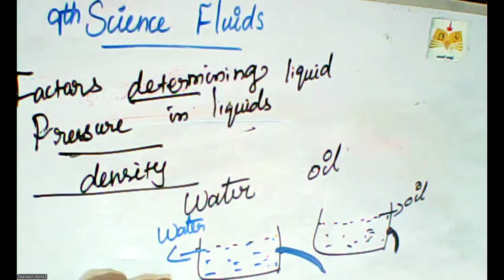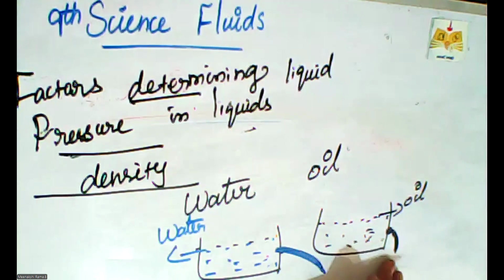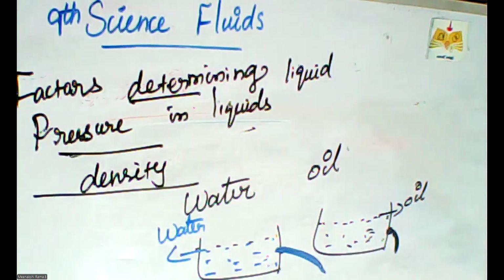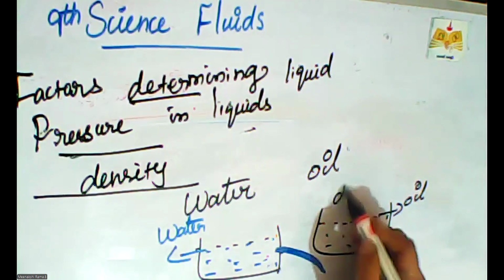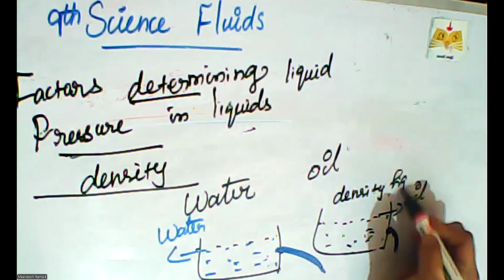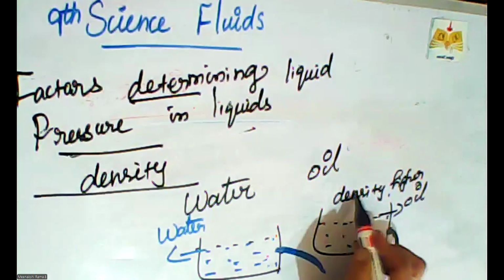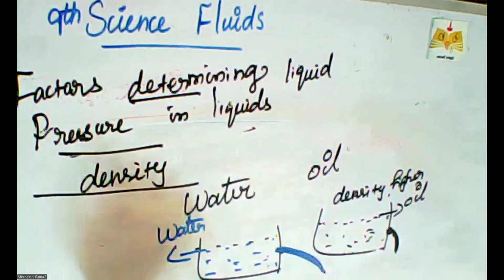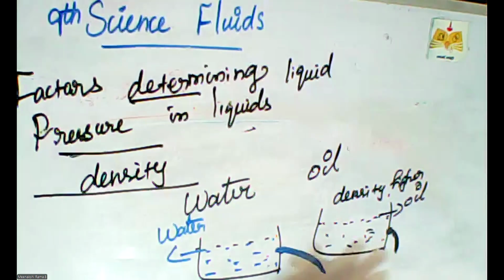The water comes out of the container in a very fast manner, but the oil comes out of the container in a slow manner because the density is higher compared to the water. So the oil is flowing slowly compared to water.